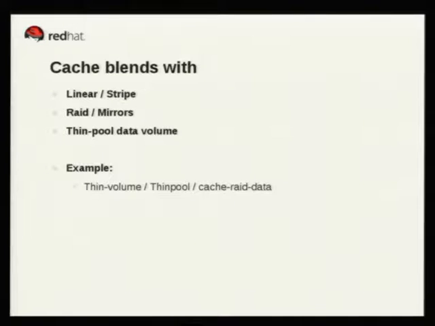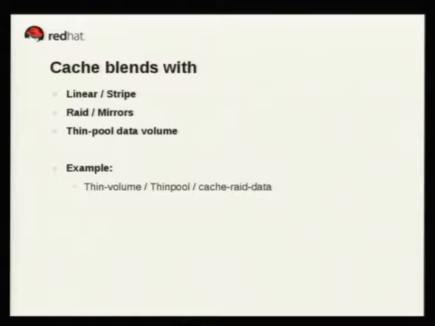And what can you use with the cache? Of course, linears and stripes are simple, but you can mix them also with RAID and mirrors. For thin provisioning, so far we support the caching of data volumes. We expect that the metadata is already on the fast spindle, so it doesn't make sense to cache it.